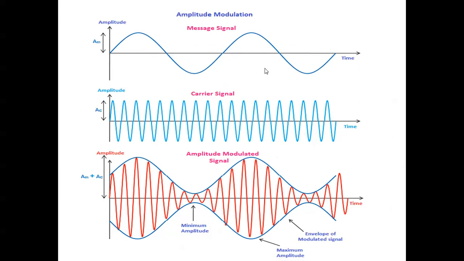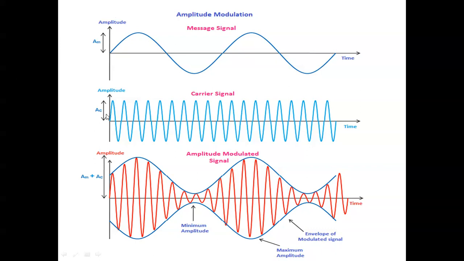See the diagram. Amplitude modulation again, same as the previous diagram, with some extra detail. There is a message signal, and its amplitude we denote as AM. In the carrier signal, the amplitude is denoted as AC. M means message or modulating signal, and C means carrier signal.